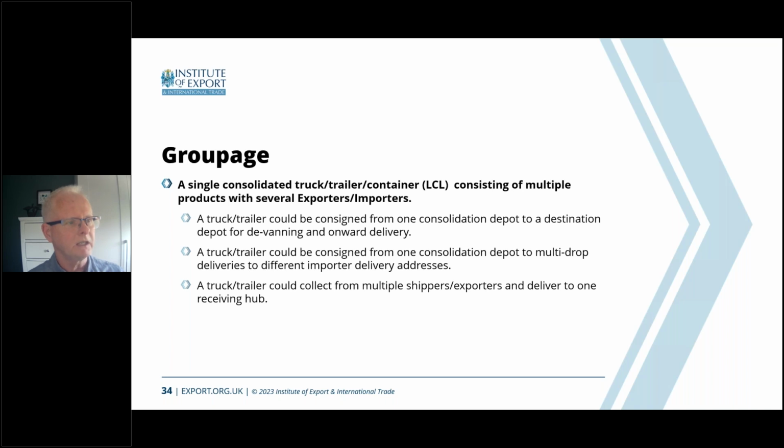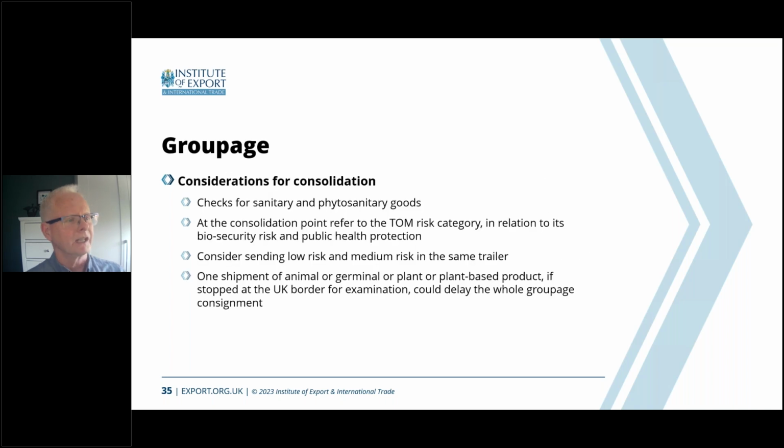Have we got the next slide, please? Great stuff. So in terms of groupage, we have to consider various different aspects of consolidation, particularly now with the TOM, because, as has already been mentioned, of the checks for sanitary and phytosanitary goods. It's very important that you get the right classification for that, that you know whether it's medium or low risk for all of the participants that are consolidating within that groupage load.